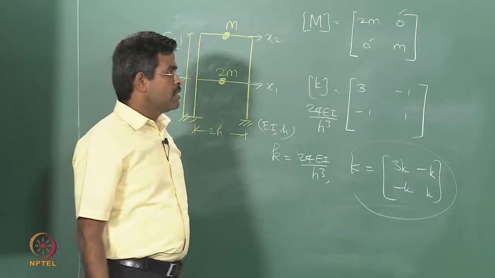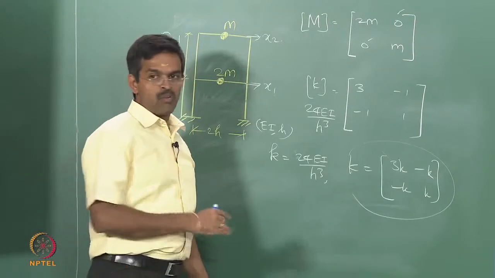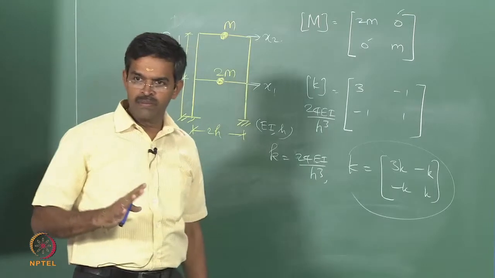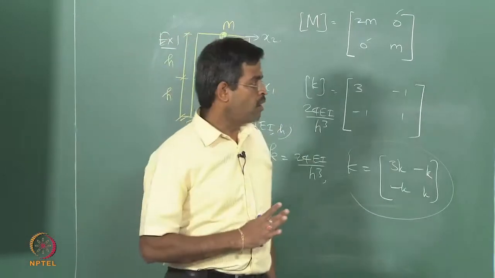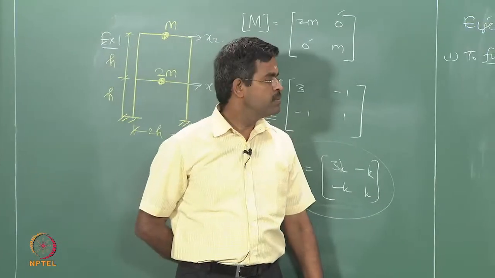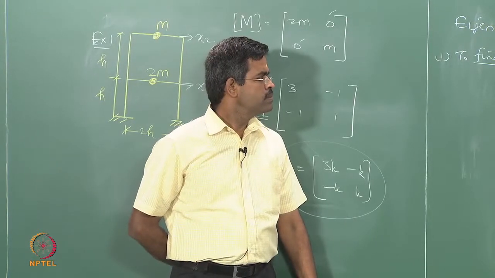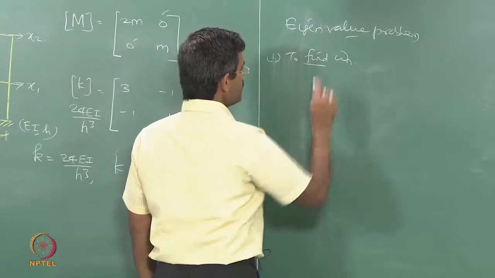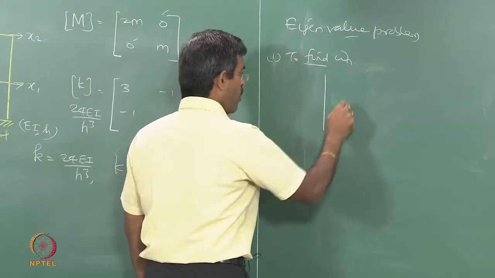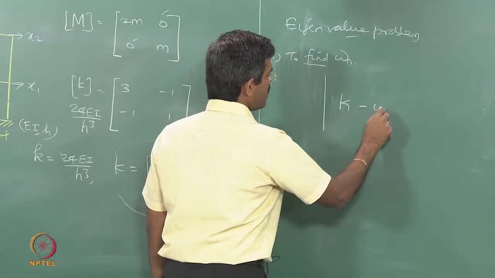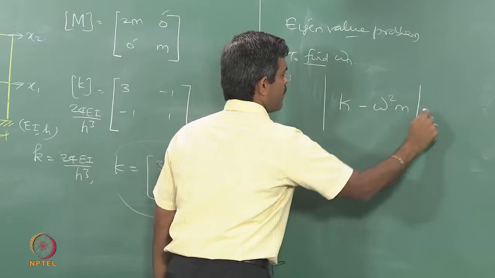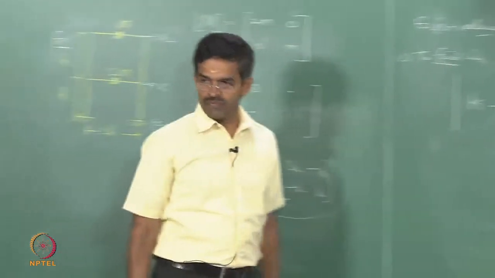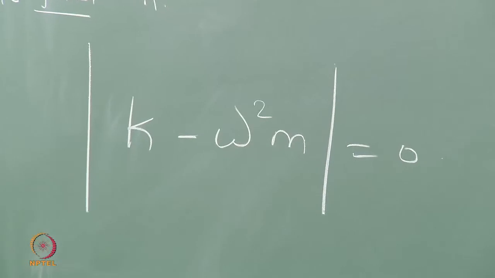The interesting part is all these n omegas will be unique. All will be unique. Let us see how. So, to find omega, the classical eigenvalue problem says take the determinant of the equation k minus omega square m and set it to 0. That is the mathematical implication of finding eigensolvers.